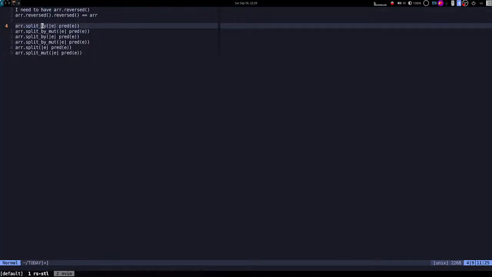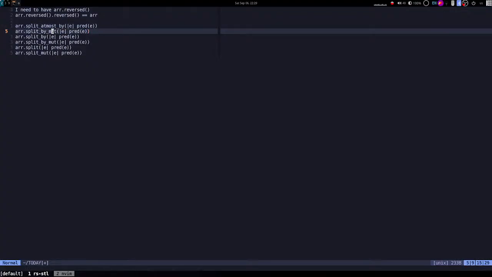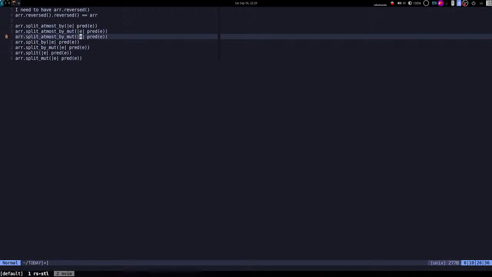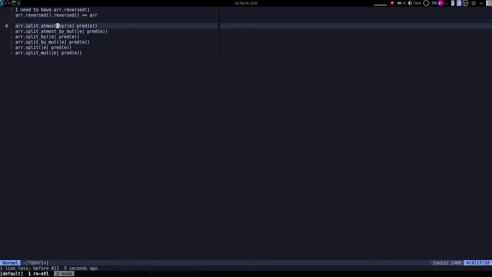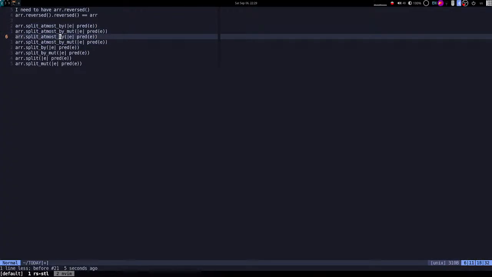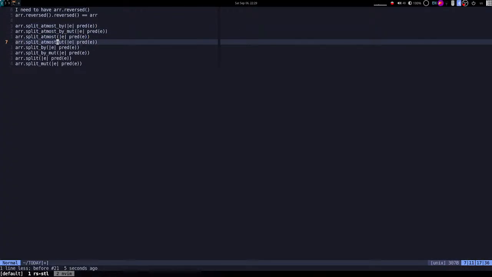So split_at_most_by, right, at_most_by_mut, and similarly, what should be the thing? This by is not needed, split_at_most_mut. So these are the algorithms I need to implement.